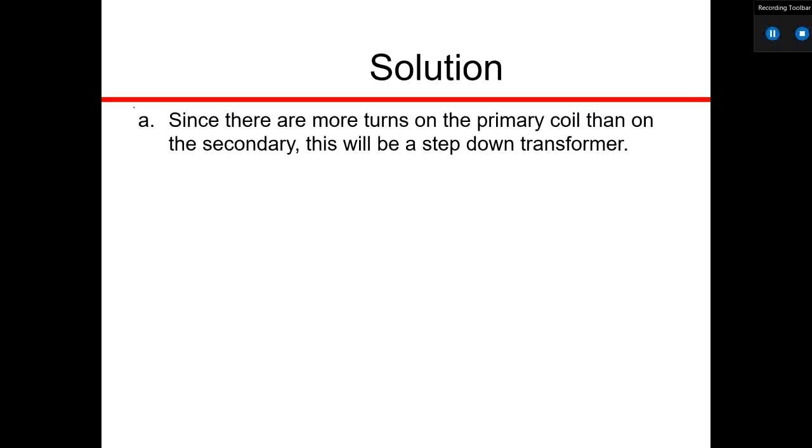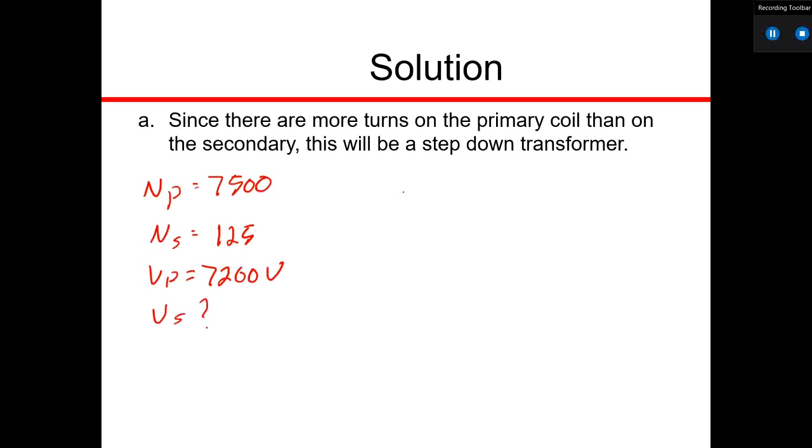For part A, writing down what we know: the primary coil has 7,500 turns, and the secondary has 125 turns. The voltage in the primary is 7,200 volts, and the voltage in the secondary is unknown.